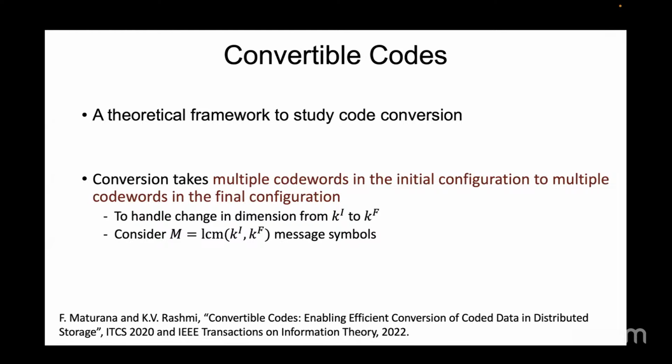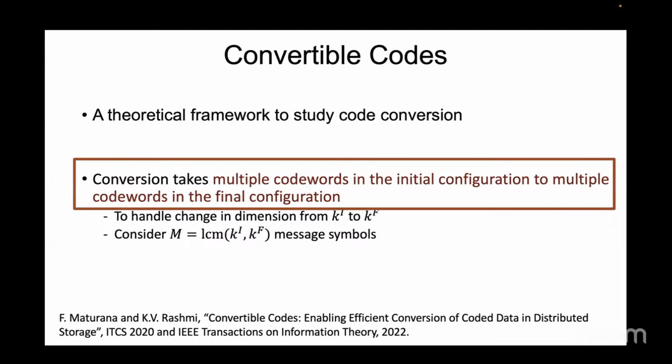And here, we have to consider multiple code words because the dimension of the code is changing. That is, we're changing from KI to KF. So we would start with LCM of KI, KF message symbols so that we can keep the information content the same in the initial configuration and the final configuration.